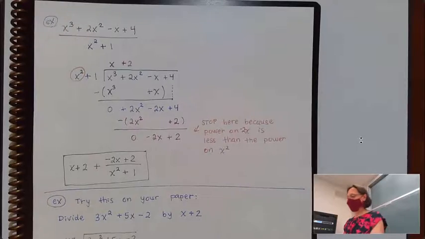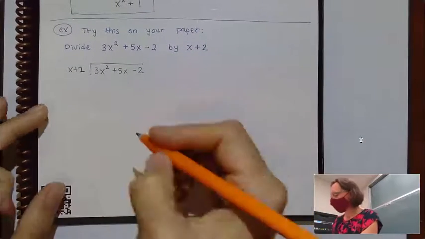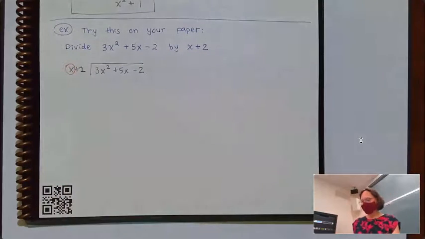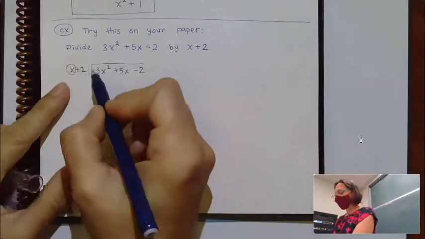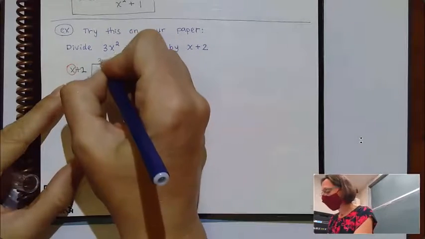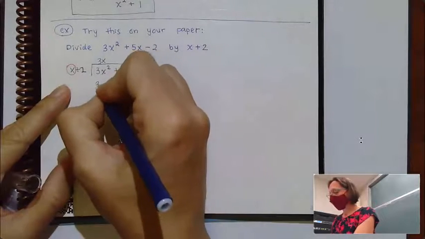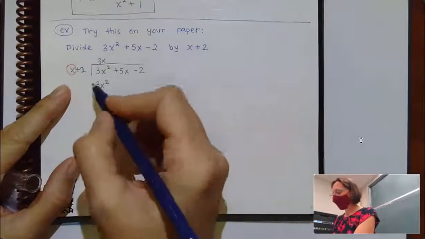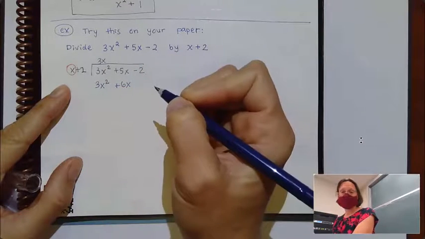Just like with the other ones, I'm focusing on that largest power of x. When I think about this, x times what gives me 3x squared? I saw a bunch of 3x's as I was walking around the room. So when I multiply that down, I'll have 3x squared, and 3x times 2 would give me a positive 6x.